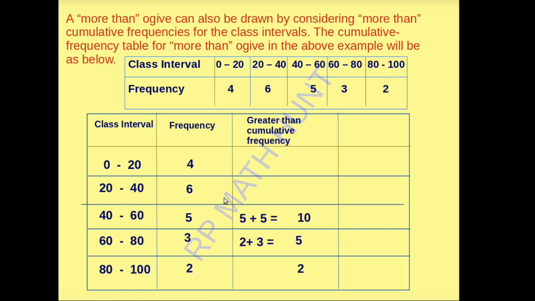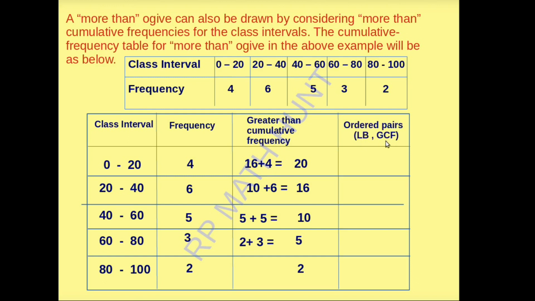Now in this we have to add from down to top. What is the frequency at the bottom? 2 plus 3 is 5, and 5 plus 5 is 10. 10 plus 6 is 16, and 16 plus 4 is equal to 20.